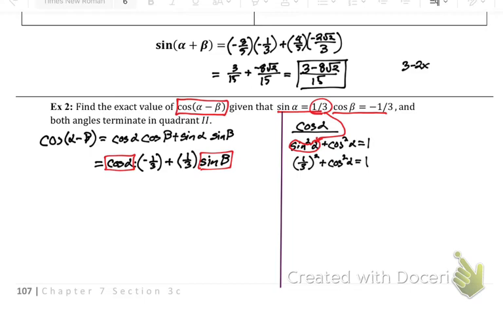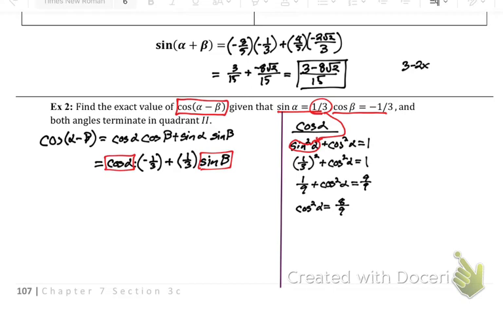That will be 1/9 plus cosine squared alpha equals, I'm going to change that 1 into 9/9 because I am going to subtract that 1/9 from both sides, which will suddenly give me cosine squared alpha equals 8/9.